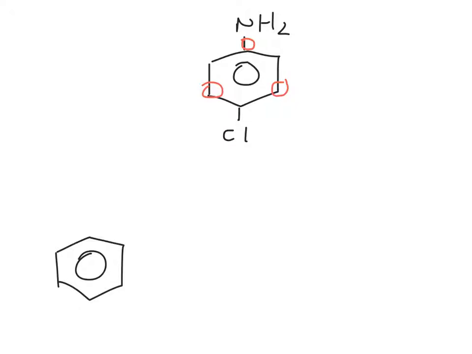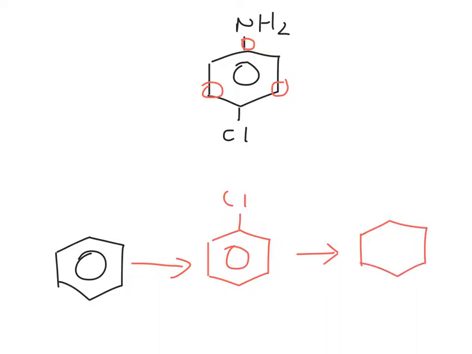So let's do that. First of all, I'm going to react it with chlorine with an iron trichloride catalyst to give me a chloro group there. Then I'm going to react it with concentrated nitric acid, concentrated sulfuric acid, and that will pop on a nitro group into that position there.